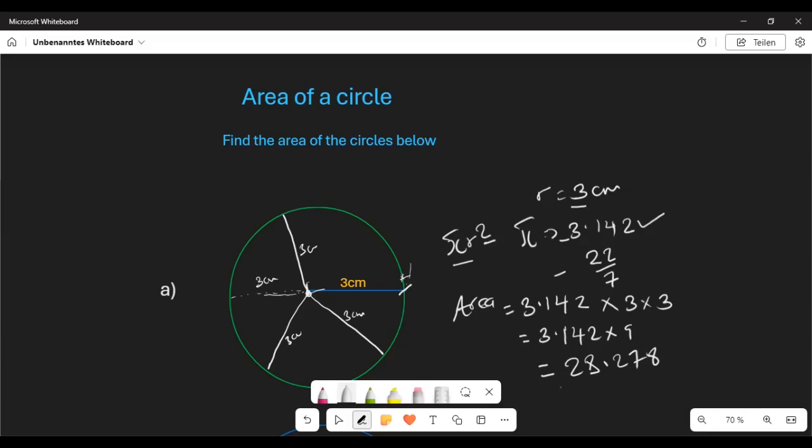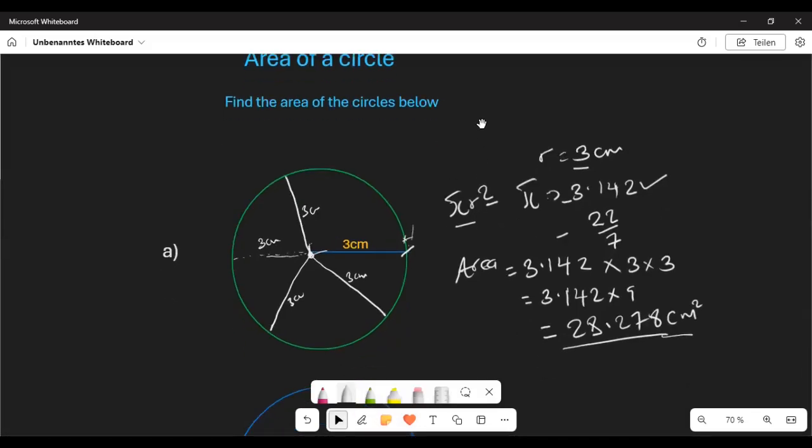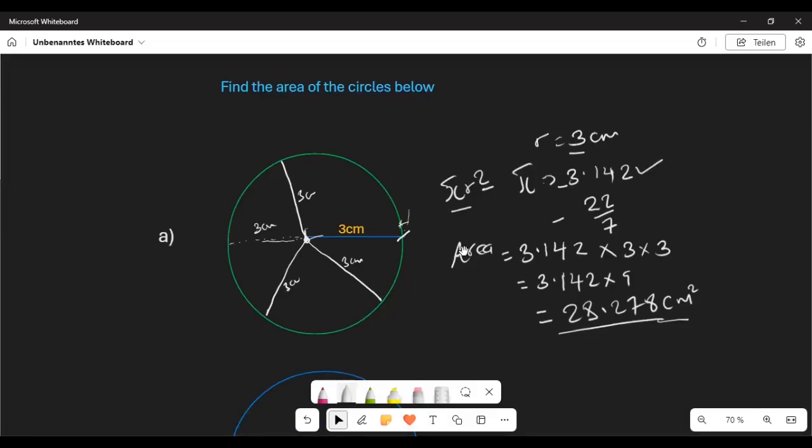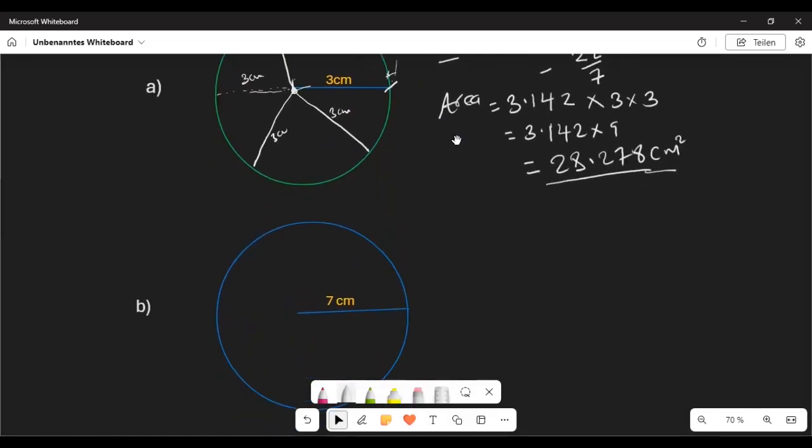So this is going to be square centimeters because it's an area. Okay, so that's how you do it. That is A. Let's do another one just to show you fully how to find the area of a circle.